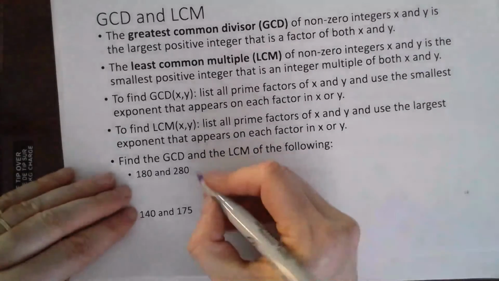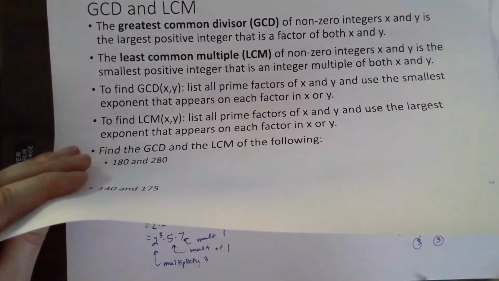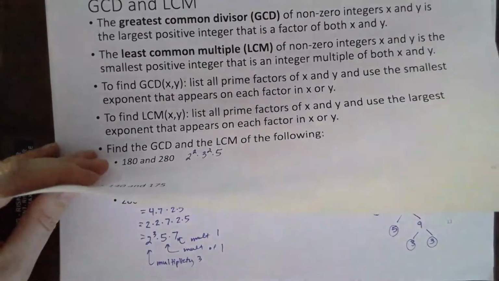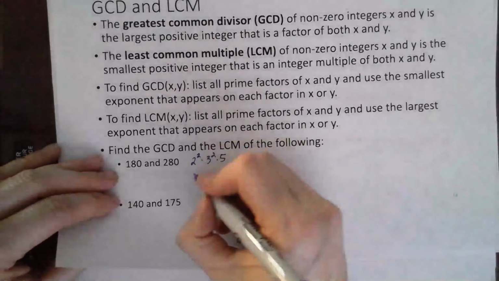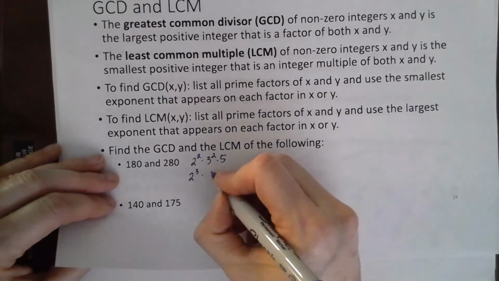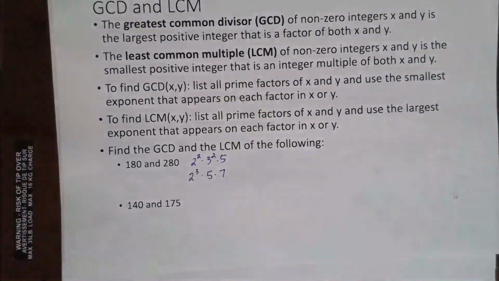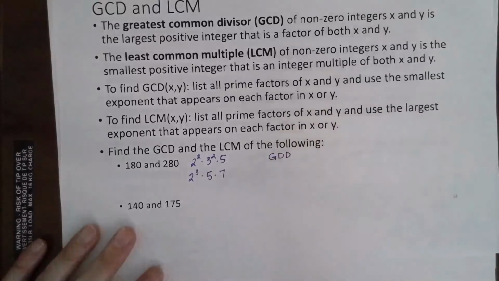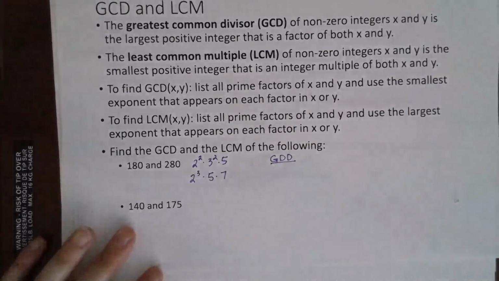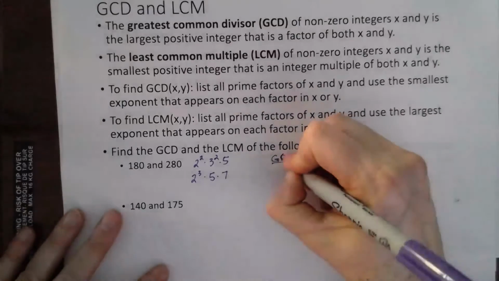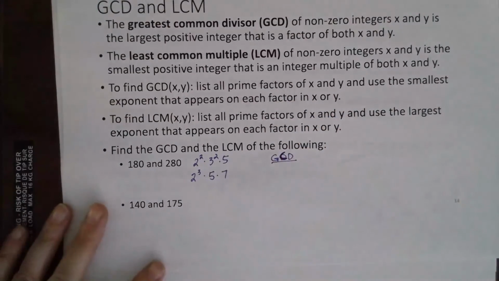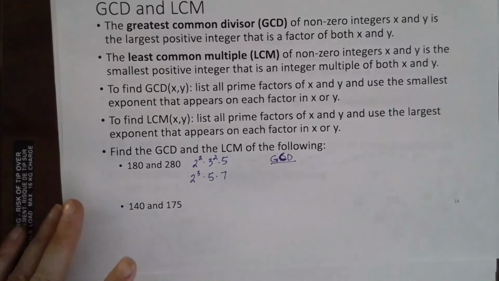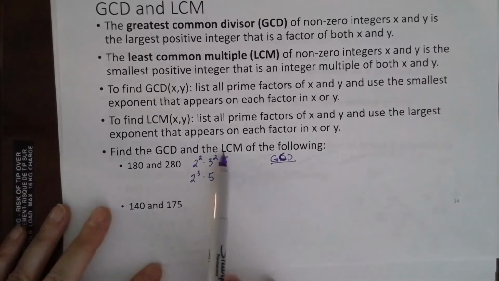We have our 180. Let me write these out. So 180 is 2 squared times 3 squared times 5, we figured out. And 280 is 2 cubed times 5 times 7. So if I want to find the greatest common divisor of these two, I'm going to go through and list every prime factor that appears in these two numbers.